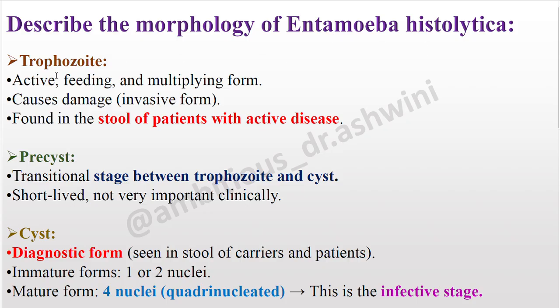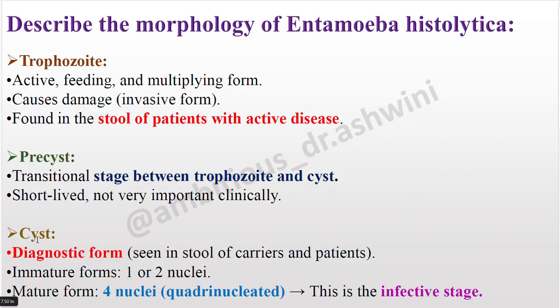So trophozoites, precyst and cyst form. Trophozoite is the active feeding and multiplying form, causes damage, that is the invasive form, and is found in the stool of patients with active disease. Next is precyst, a transitional stage between trophozoite and cyst. It is short-lived, not very important clinically.